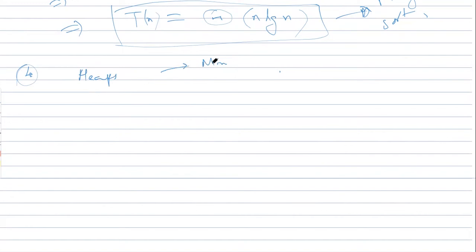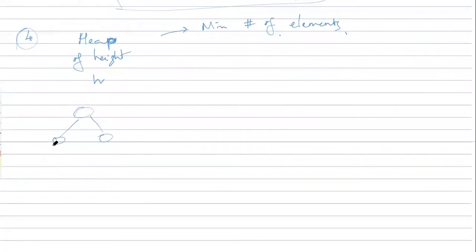Let's say a heap of height h. When is it going to have the minimum number of elements? How would the structure look? A heap is generally a complete binary tree, right? It's typically this kind of structure. When is it going to have a minimum number of elements?